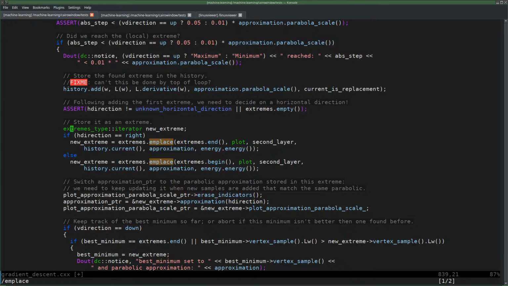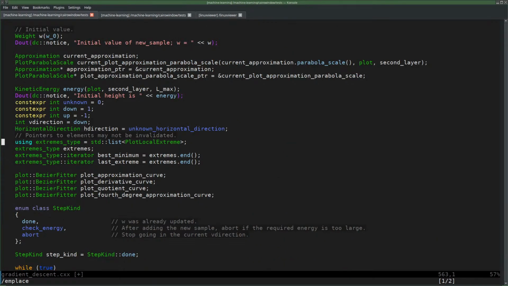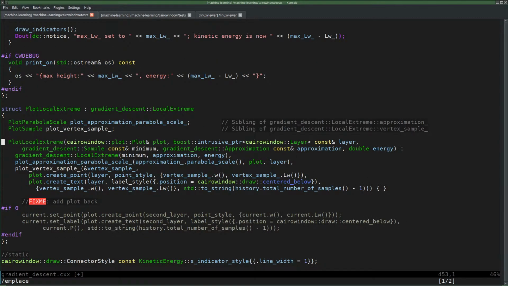Extremes type. So continue constructing and local extreme, which seems to take a plot and a layer and a sample.